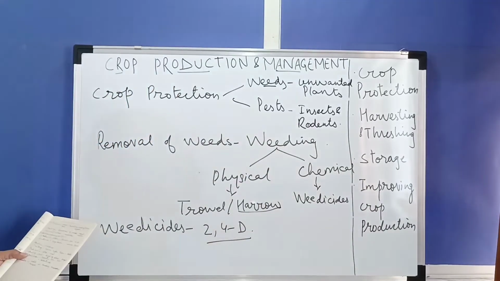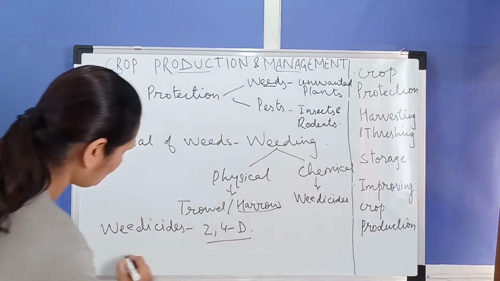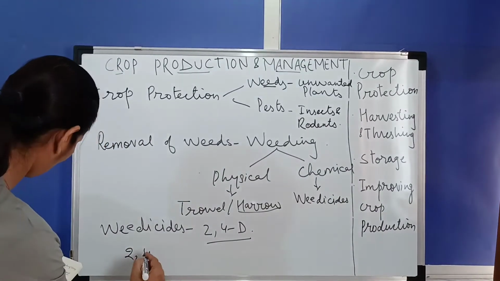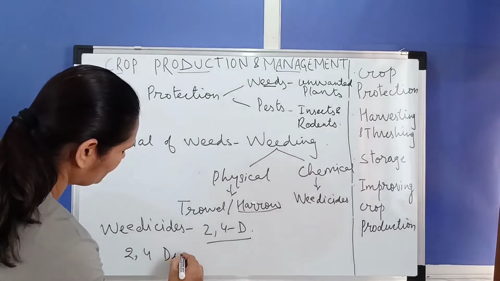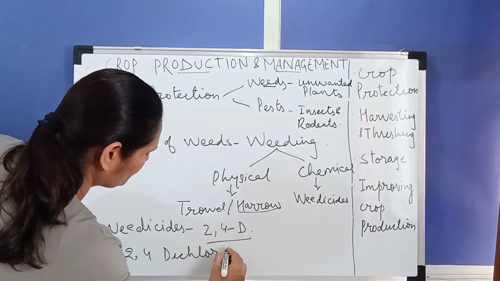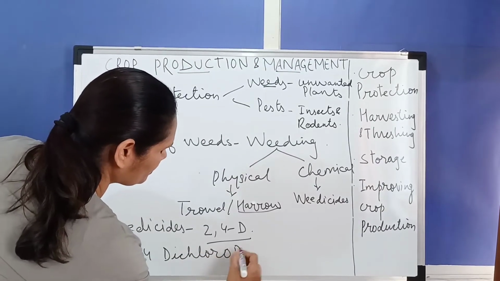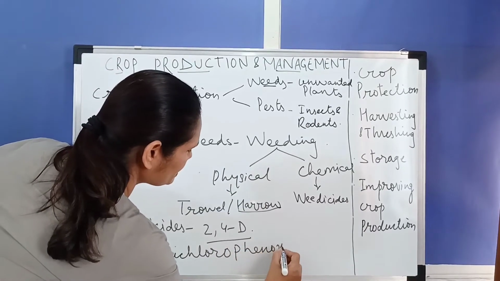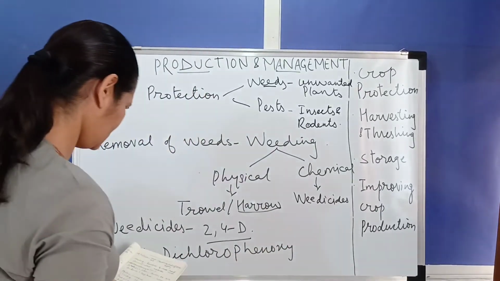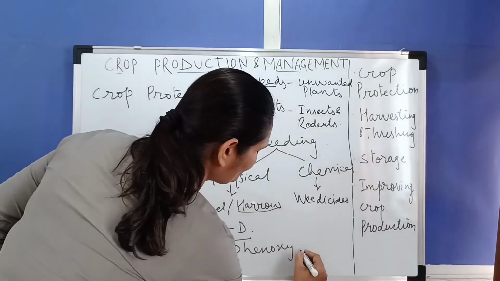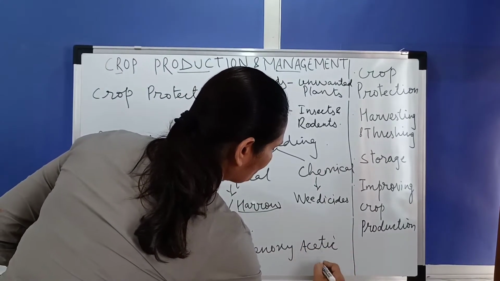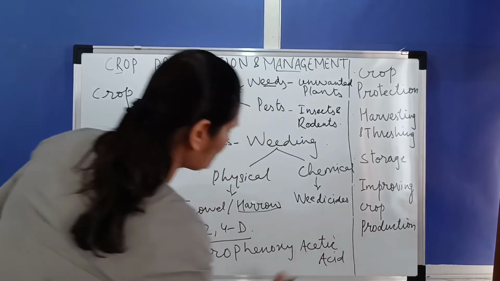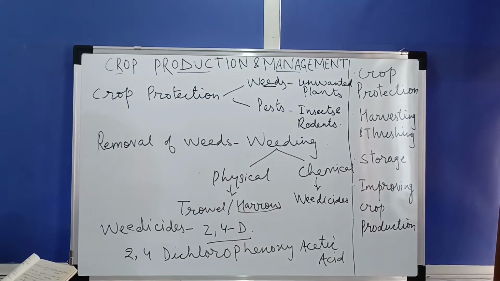Now what is this 2,4-D? This is 2,4-dichlorophenoxyacetic acid. So this is an example of weedicide.